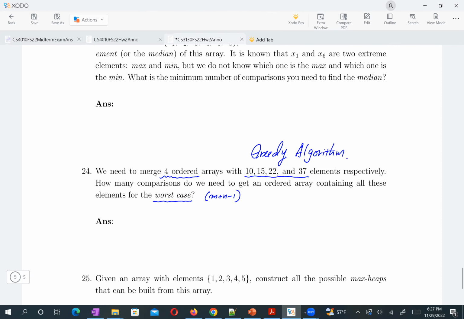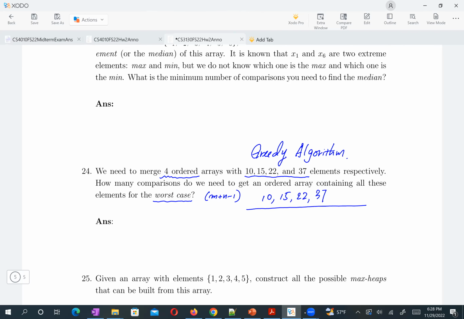Apply some greedy strategy here, so when you make your merge operations, you can reduce the number of cases. For example, to be greedy when you merge, here we have 10, 15, 22, 37. That's the starting point.